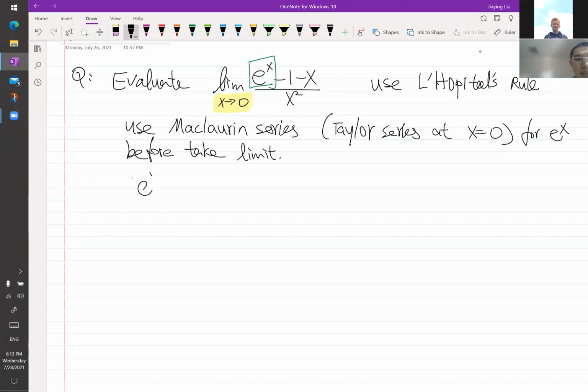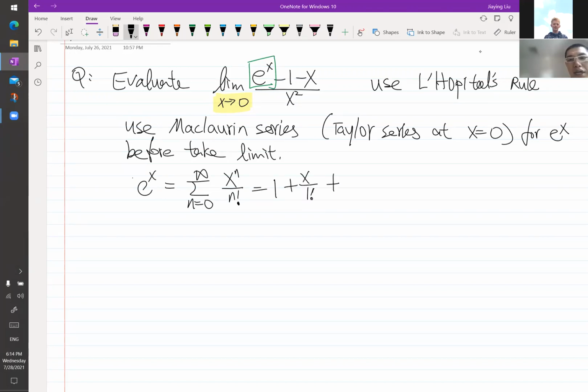So we know that the e to the x Maclaurin series is the sum from n equals 0 to infinity of x to the n over n factorial. If we expand this, the first term at n equals 0, we just get 1. The next term we get x over 1 factorial.